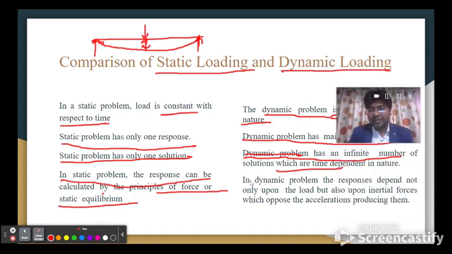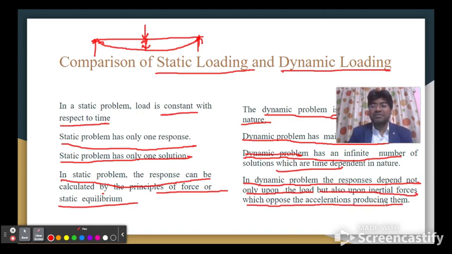In a dynamic problem, the response depends not only upon the load but also upon the inertial forces which oppose the acceleration producing them. See, in the starting, we took the example of that refill.